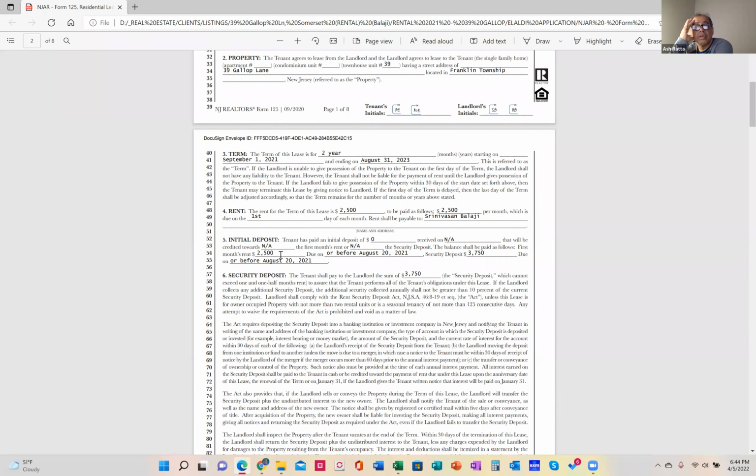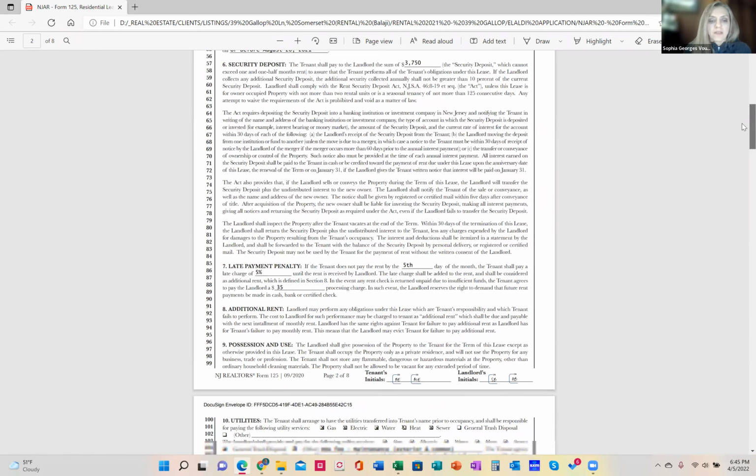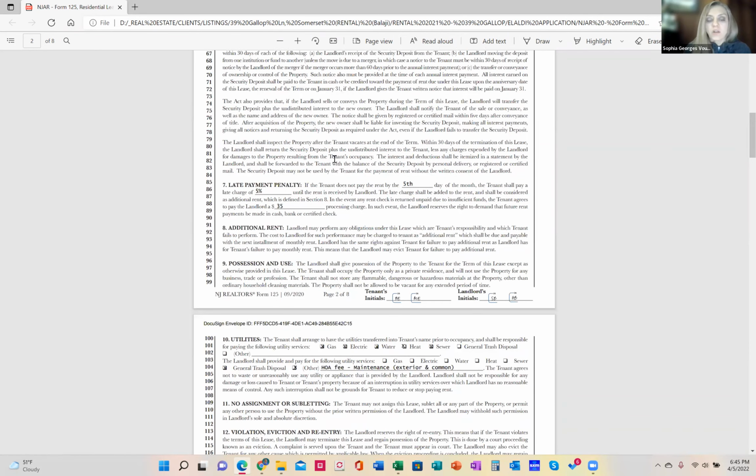Yeah. So here, I did a 1.5 security deposit, so you're going to pay a $37.50 security deposit in this case. And this talks about late payments, and this is all in that Truth in Renting form. You have to be reasonable with the late charge.